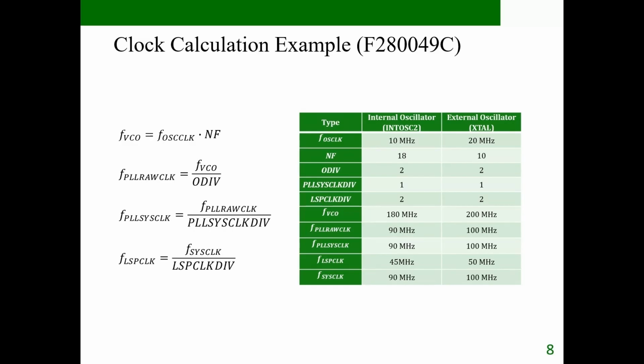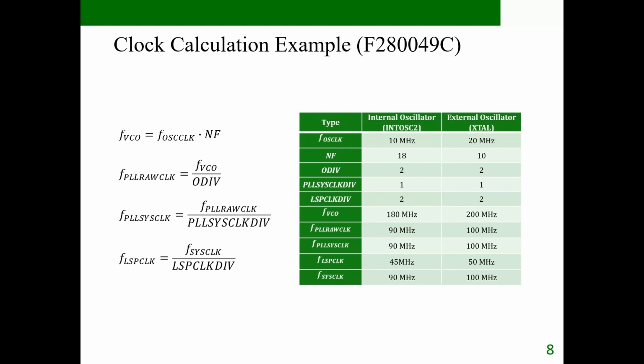Next, with the divider ODIV equal to 2, we get a PLL raw clock frequency of 90 MHz. With the system clock divider equal to 1, the final system clock is also 90 MHz. Finally, if we choose the LSP clock divider equal to 2, then the low-speed peripheral clock frequency is 45 MHz. This is a safe and practical configuration when running from internal oscillator 2.